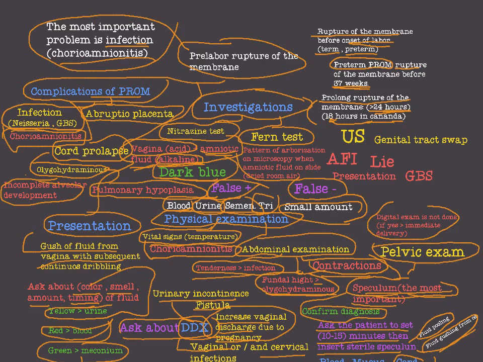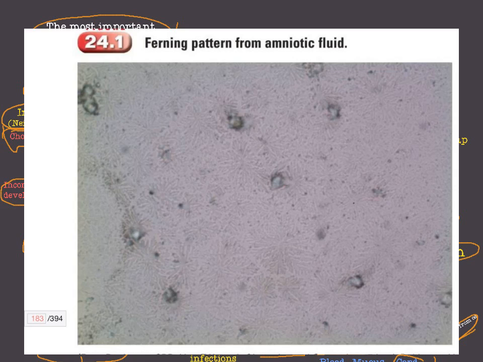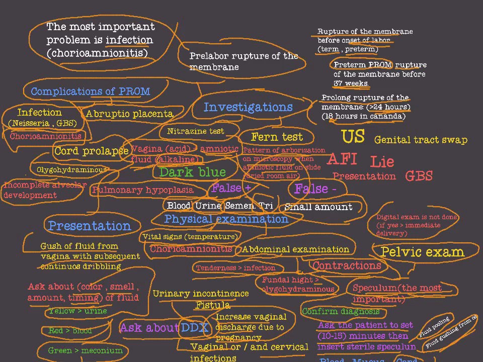In the fern test, we can see a pattern of arborization on microscopy. So we take the vaginal cervical secretions and put them on a slide, and we dry these slides in room air, and we will see this pattern. So this is a positive fern test for amniotic fluid.